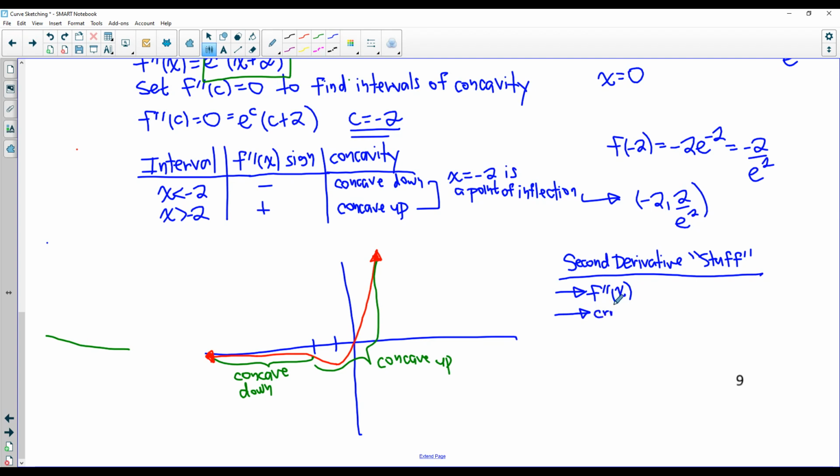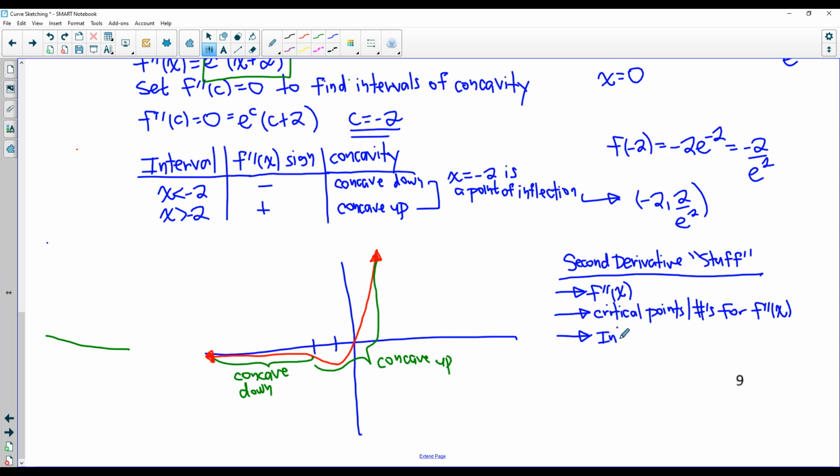Two, I want the critical points or critical numbers for f double prime of x. Three, I want a concavity chart, just like this one right here.